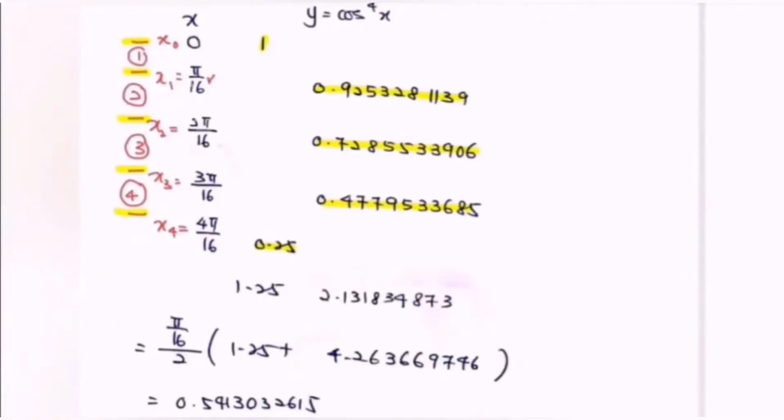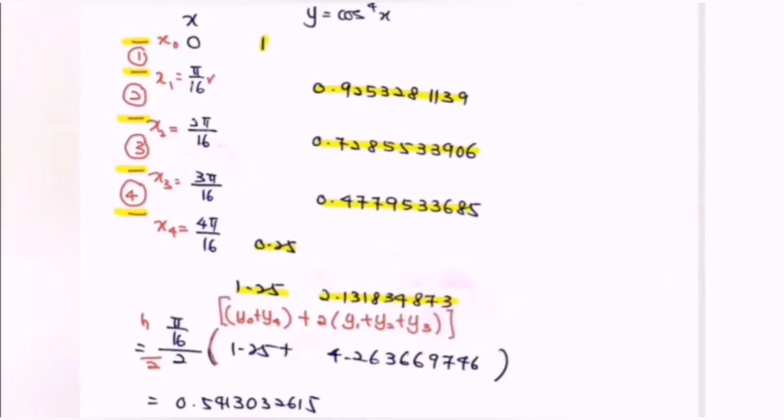Then sum up the values for y0 and y4, and we will have 1.25. The same goes for this part, where we sum up y1, y2, and y3. Finally, substitute into the formula, where we have h over 2 bracket y0 plus y4, plus 2 multiplied with y1 plus y2 plus y3.